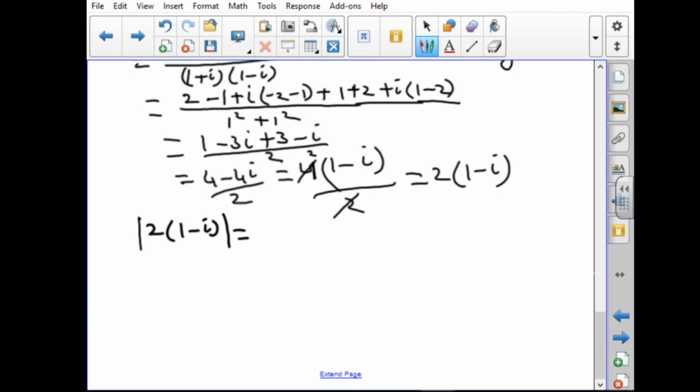So it is nothing but 2 into the square root of 2 square plus 2 square, which is equal to root of 4 plus 4, which is equal to root 8. Now coming to the next question, third subdivision.